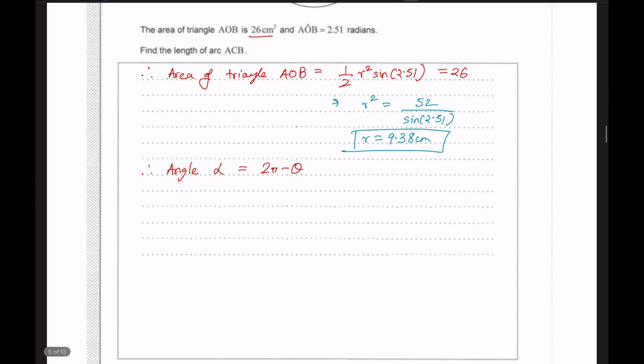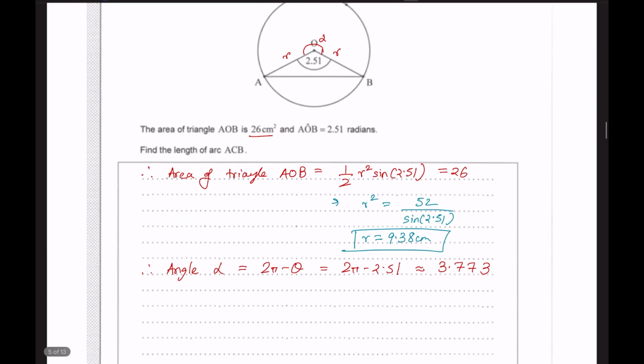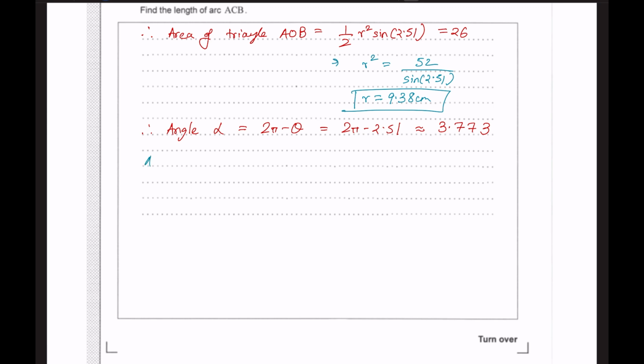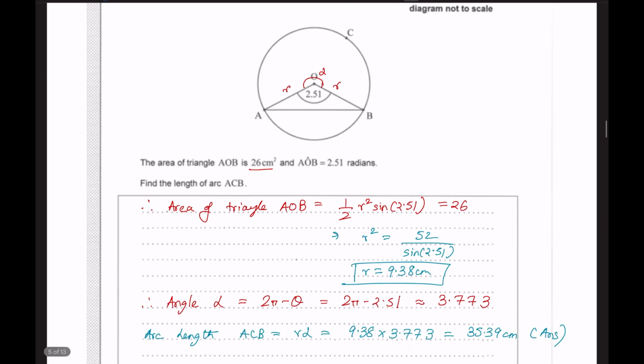So this approximately becomes 3.773. Now for arc length, the formula is r times alpha. Arc length ACB would be r alpha, which is 9.38 times 3.773, which gives us 35.39 centimeters. And this is the final answer for question 4.